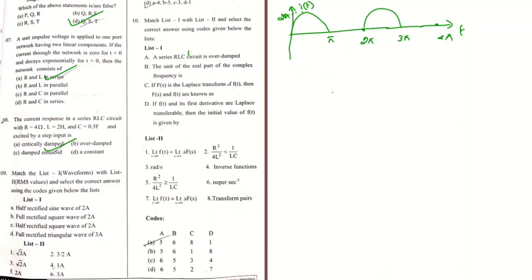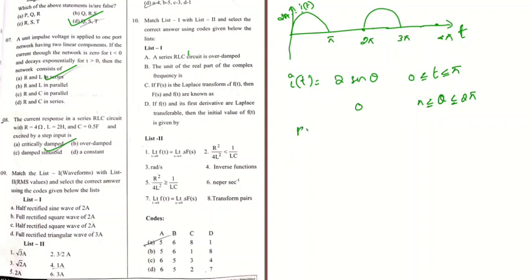Now if I write the equation, i of t is 2 ampere, so it will be 2 sine theta for 0 less than or equal to t less than or equal to pi. Otherwise it is 0, from pi less than or equal to t less than or equal to 2 pi.